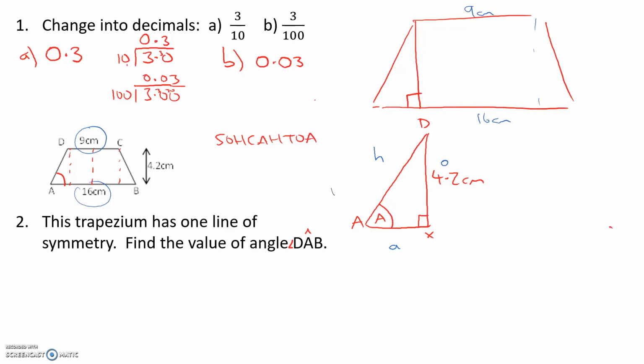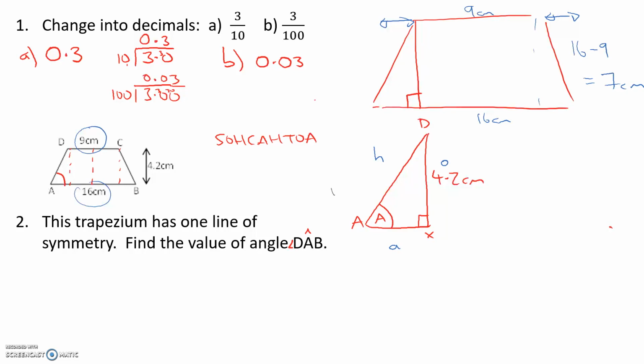So if I take away the 9 from the 16, equals 7 centimeters. What would that 7 be? Well, that would be that length and that length. So those two lengths plus the 9 have got to make up the 16. And those two lengths are worth 7.